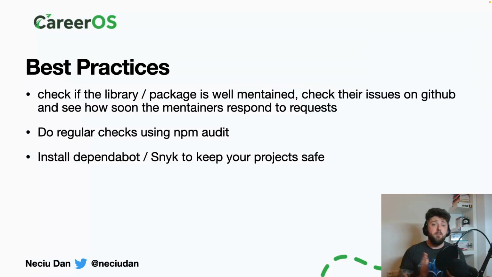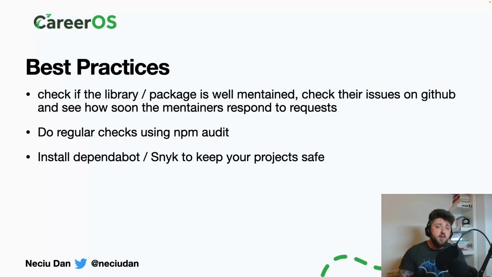But there are a couple of best practices before installing a package. The first is to check if the library package is well maintained. Check their issues on GitHub and see how soon the maintainers respond to requests. Do regular checks using npm audit, maybe included in your CI/CD pipeline, and then install Dependabot, Snyk, or other security audit software to keep your project safe.